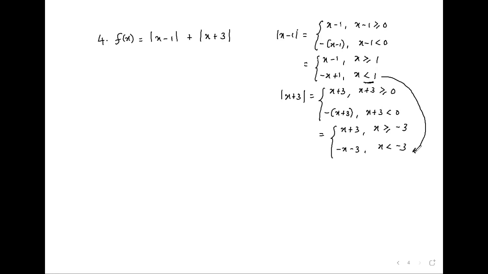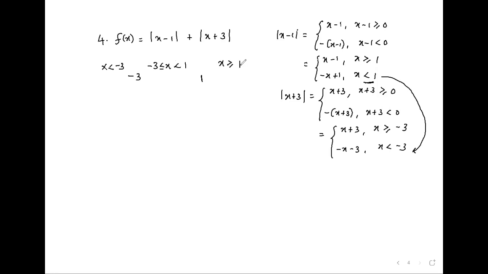So if I put a table, I'll start with minus 3, the smallest value, and then positive 1. So I want this region to have x less than minus 3, then this one to have minus 3 less or equal to x, which is less than 1, and this one to have x greater or equal to 1. When x is greater, you always attach the equal to, that is from the inequality.